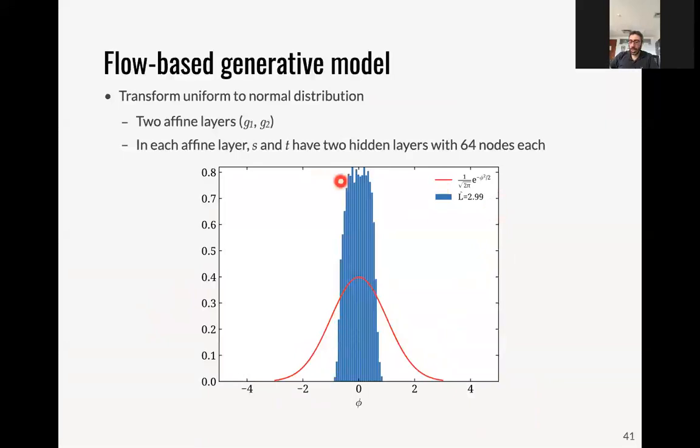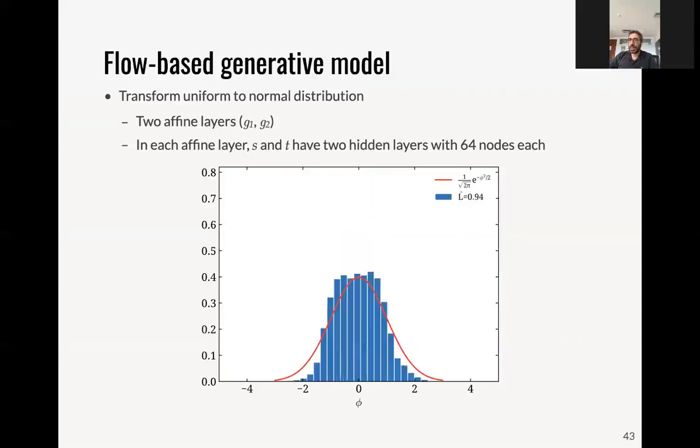But you can also plot now the distribution of the random phi's that you got. And so after some small, insufficient number, I would say, of iterations of the training, I got a loss function of about 3, and then this, of course, does not look like it's following what you need. But then as you iterate and the loss function becomes smaller, then you indeed get closer and closer to the normal distribution, okay?